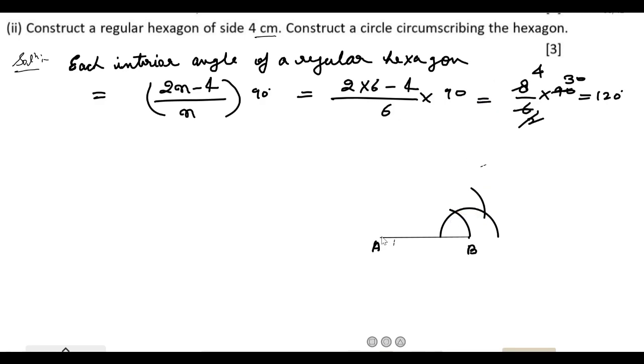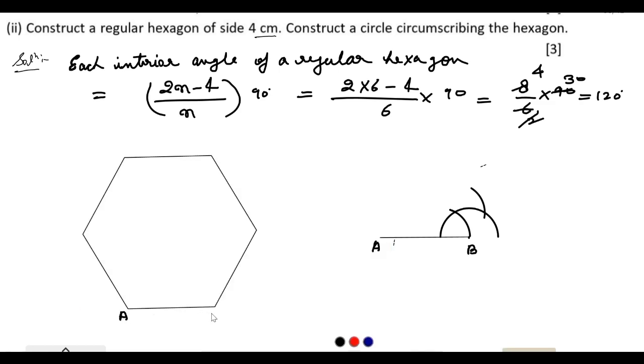Similarly, at A make a 120 degree angle and cut the side 4 centimeter. Label A, B, C, D, E and F. It is a regular hexagon of side 4 centimeter and each interior angle is 120 degrees.